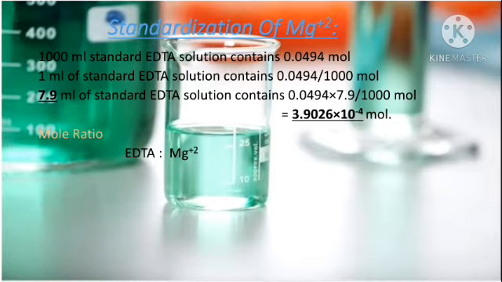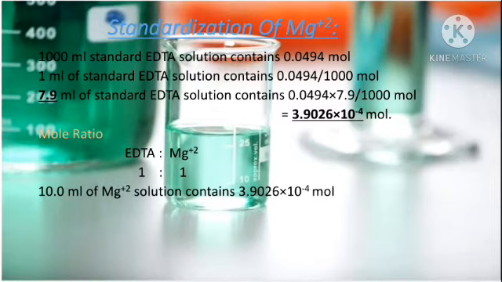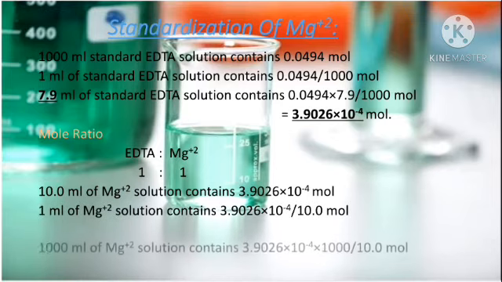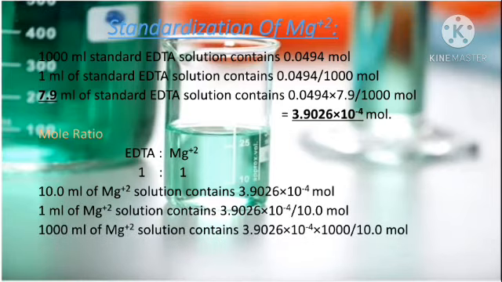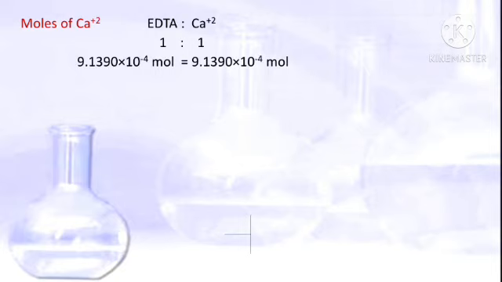Mole ratio between EDTA and magnesium plus 2 is 1:1. 10 ml of magnesium solution contains 3.9026 × 10^-4 mole, and 1000 ml of magnesium plus 2 solution contains 0.039026 mole. Mole ratio between EDTA and calcium is 1:1, so the moles of calcium is 9.1390 × 10^-4 mole.